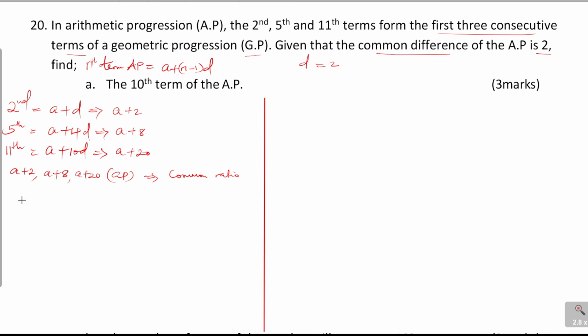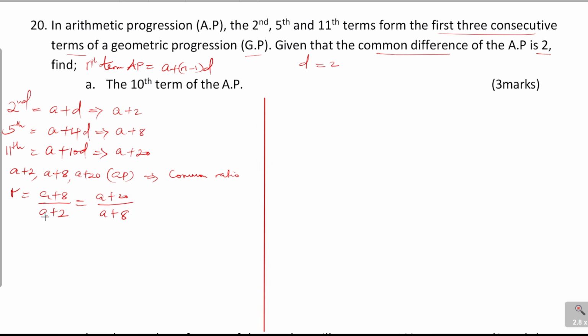And how do you get the common ratio? You take a plus 8 divide by a plus 2. That is how you get the common ratio. And that ratio should be constant. When you take the other term, a plus 20 divide by a plus 8, that is also a common ratio. It should be constant.